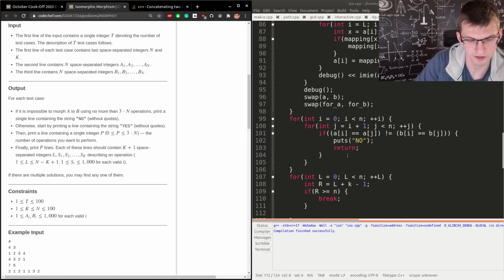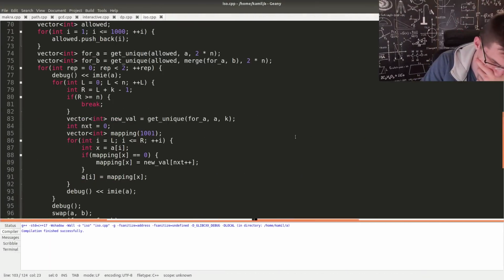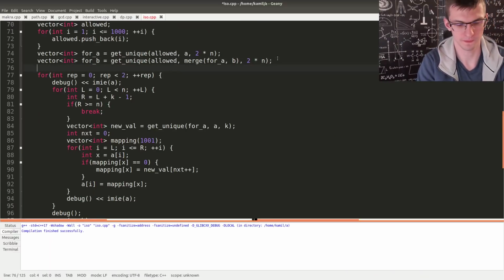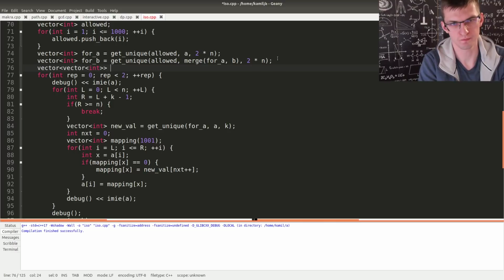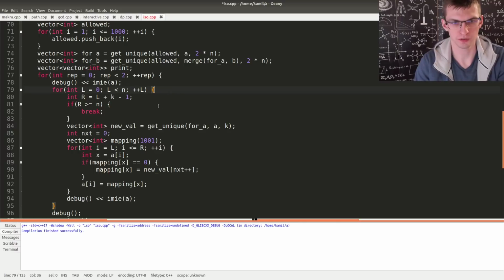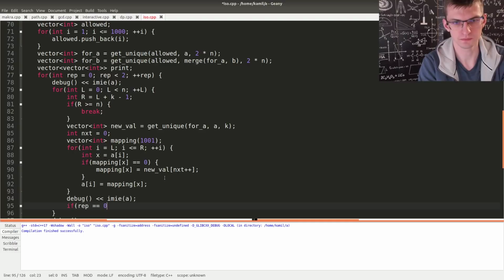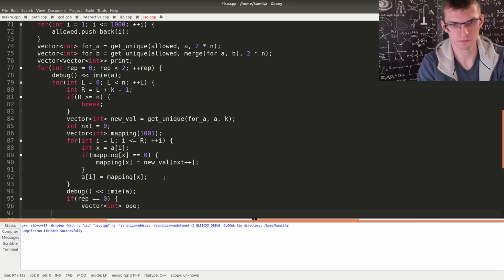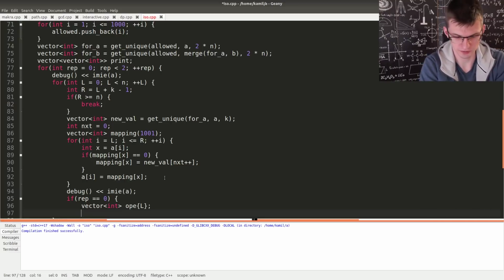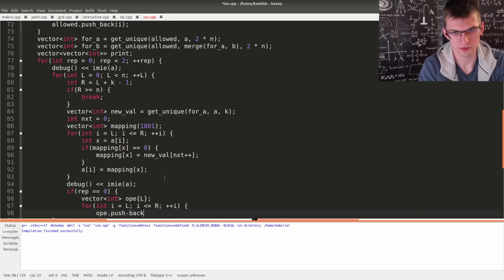L is the start and then new values. This is what to print. The start I will need to print with increasing this by 1 because I have 0 indexing. Then for everything, operation push back the new value.